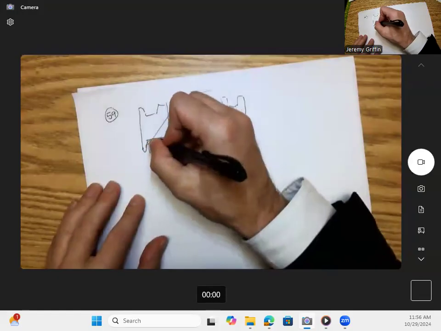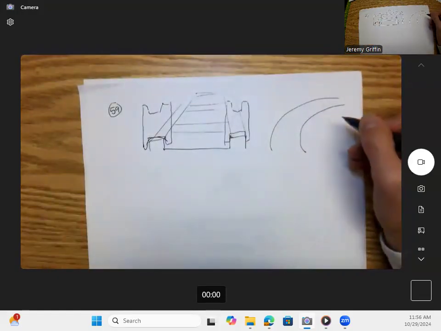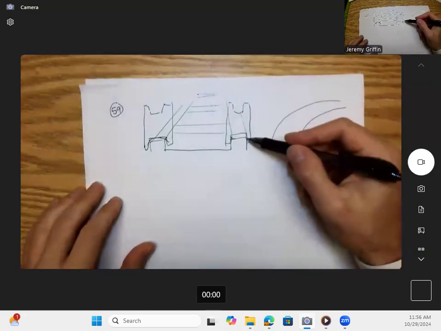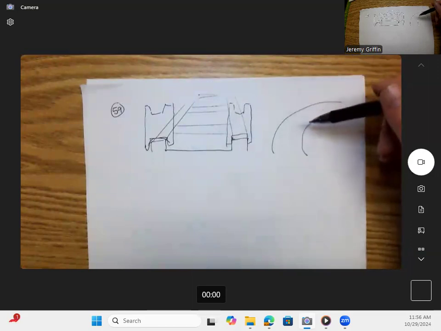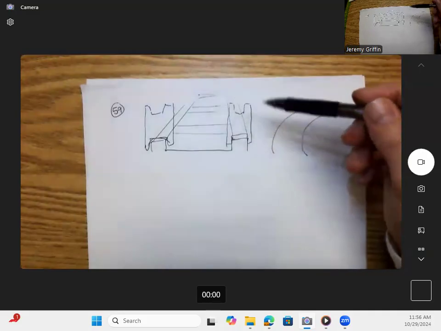Now, what if this train was going around a curve? Do you think this might start to slip off? We're skipping 58, we'll come back to it.